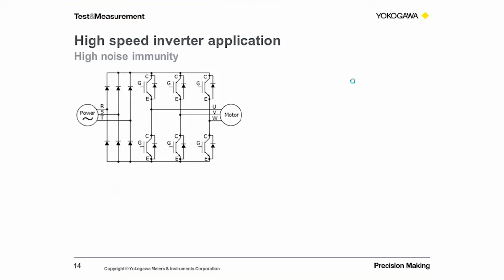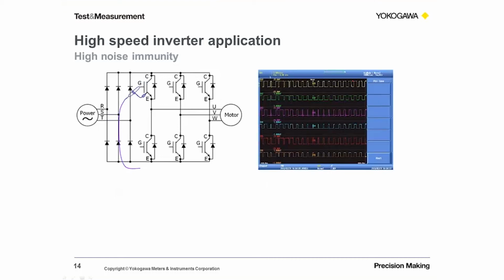So we're using a probe, an isolation probe in this case, to probe the gates, and we can see that there is no noise appearing from the motor side, or the output of the motor, through to the much lower voltage gate signals. That, of course, is an immediate result of low noise and high levels of common mode rejection.